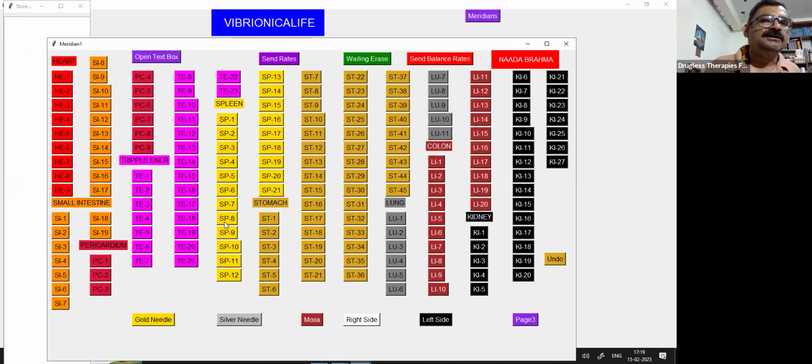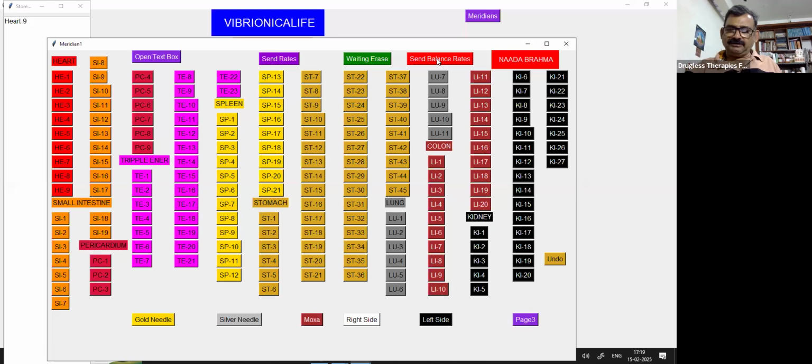Now what we have to do here, as we got the wind excess, let us see the heart. Where is the heart? Heart number 9. When you select heart number 9 and balance the heart, this balances the wood element of the heart. Okay.